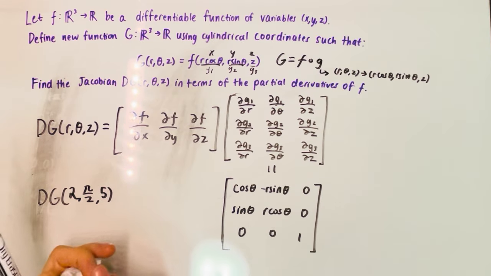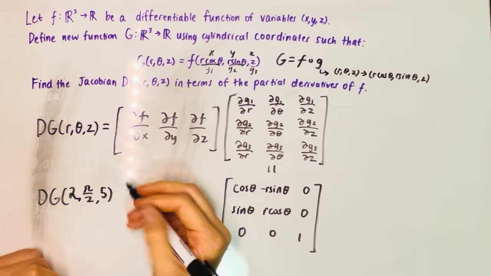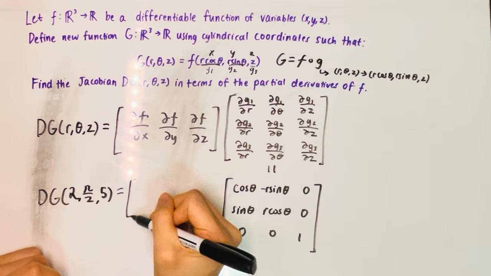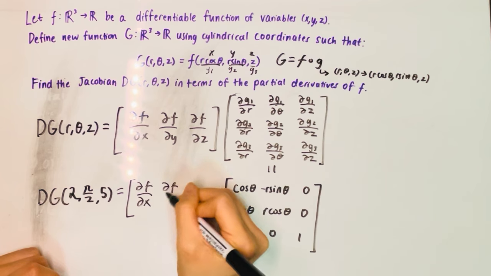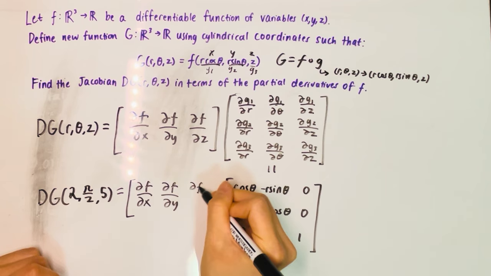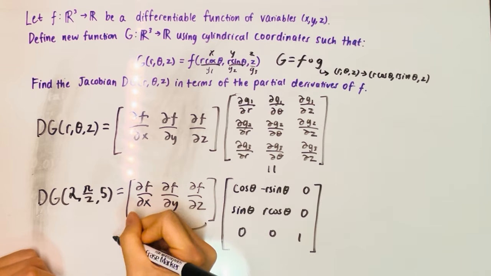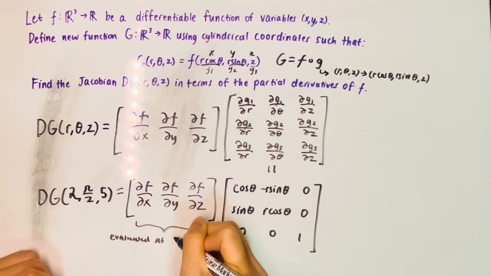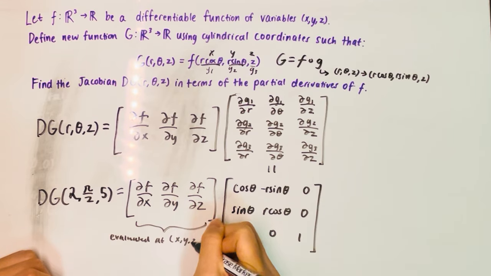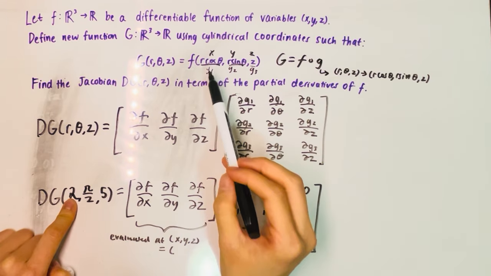All right. So what is that going to equal? Well, that's just going to equal ∂f/∂x, ∂f/∂y, ∂f/∂z, and these are all supposed to be evaluated at (x, y, z).